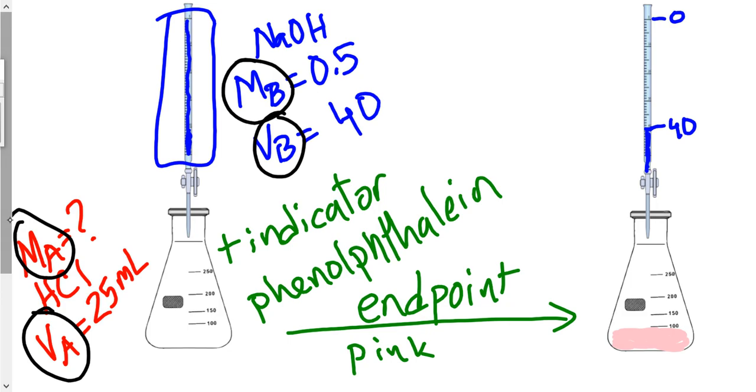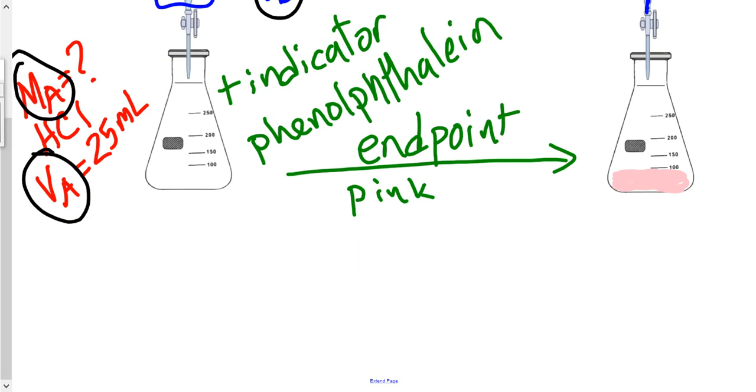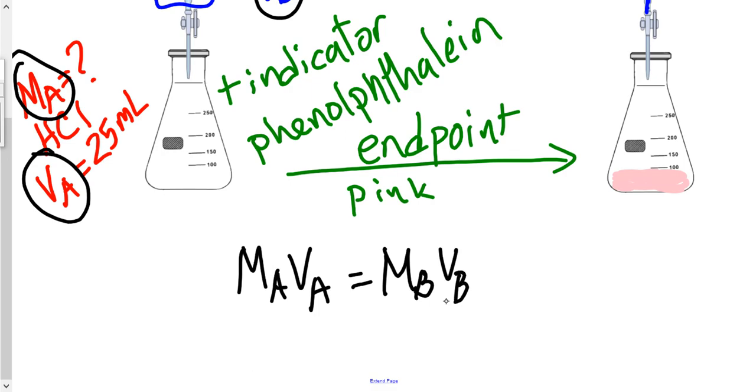And this is when we use the formula for titration. The formula for titration that was given in your reference table is MAVA equals MBVB. Write all of those down on your right side to keep things organized.